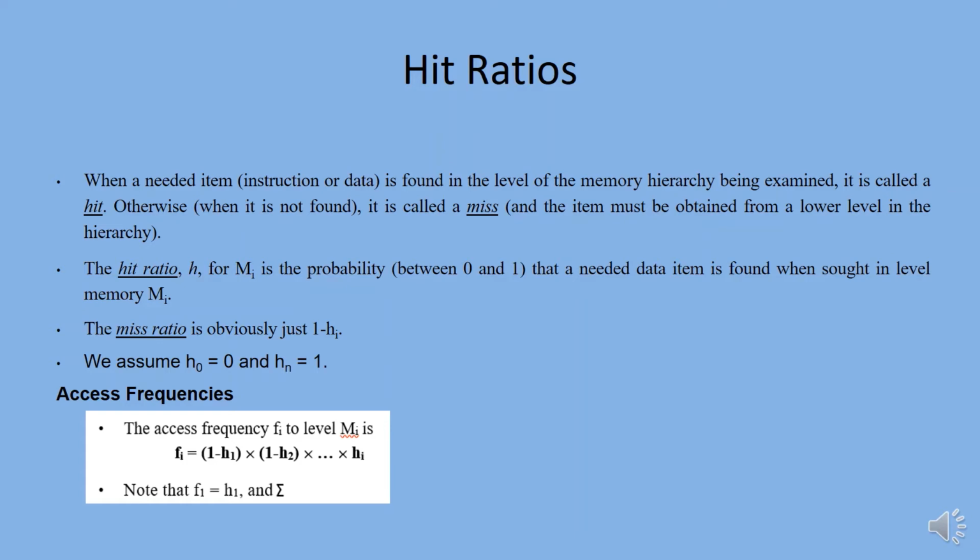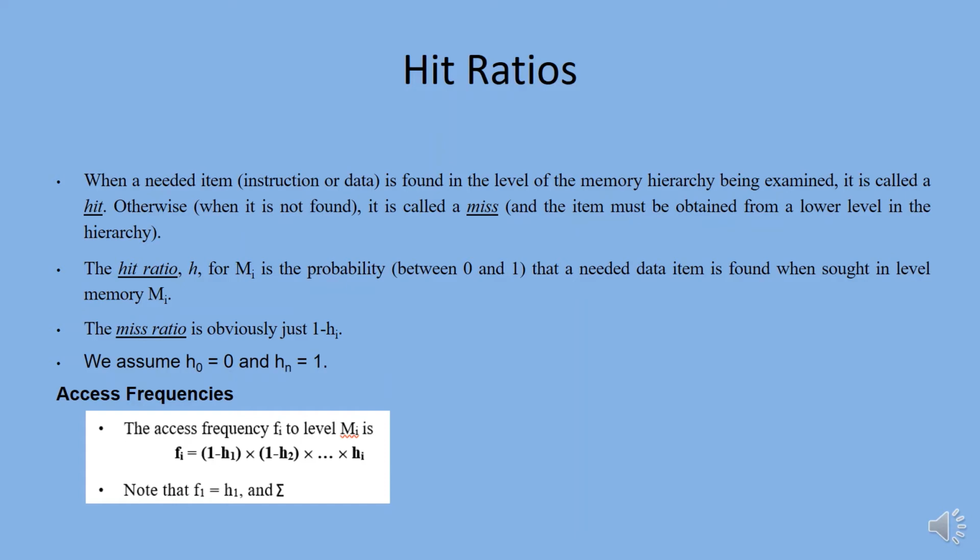The hit ratios at successive levels are a function of memory capacities, management policies, and program behavior. Successive hit ratios are independent random variables with values between 0 and 1.